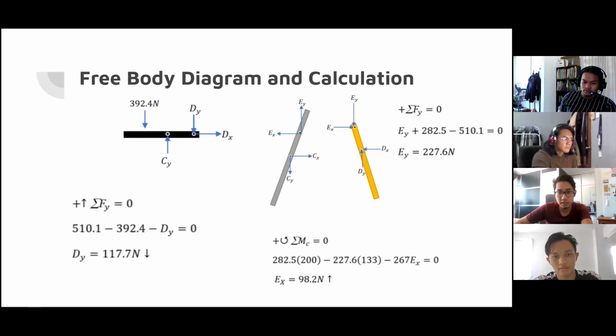For the moment at C, it's also equal to 0. So we can calculate EX, which is 282.5 times 200 minus 227.6 times 133 minus 267 EX equal to 0. So here we will get EX equal to 98.2 Newton going upward.